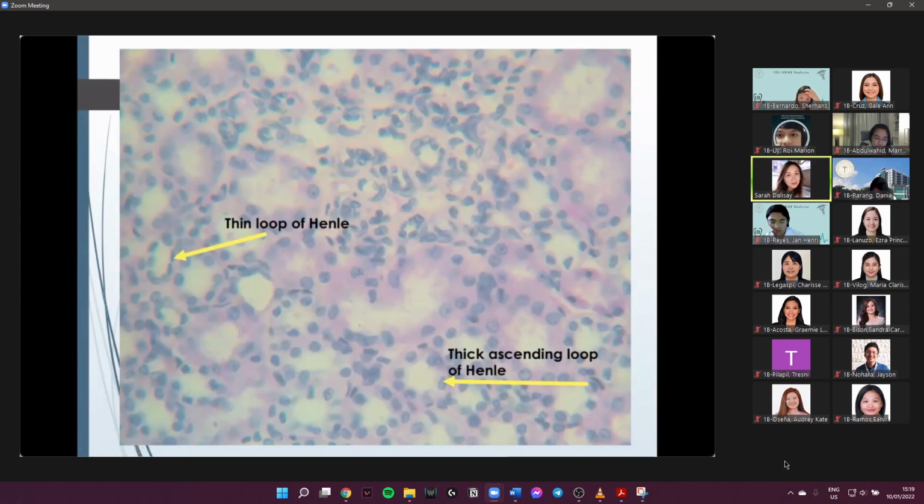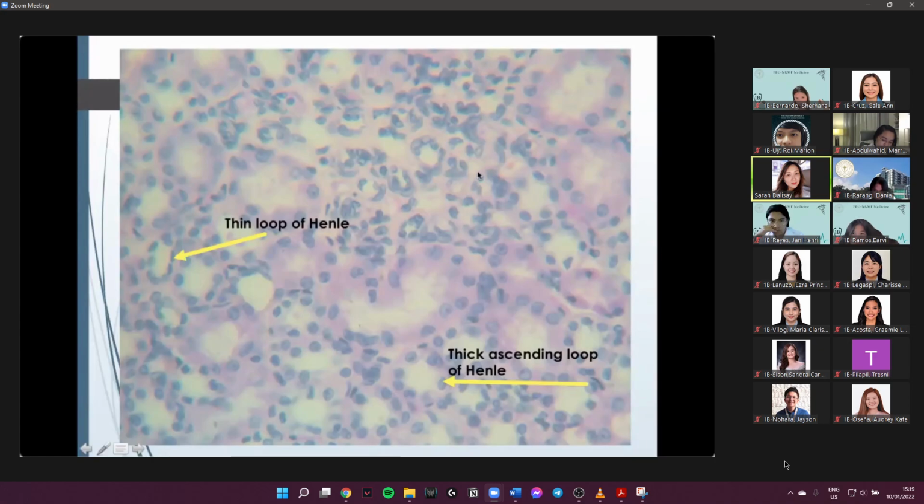Okay. Now, what about, let me look at another picture. Eto. Ano to? Ascending po. Ascending. Correct, no?